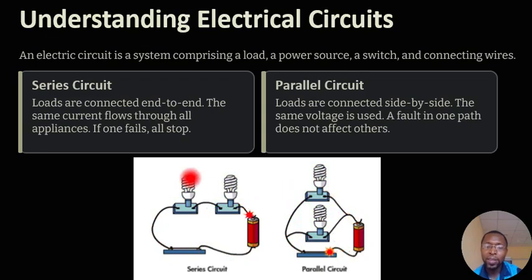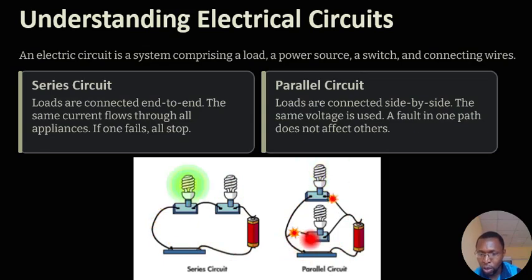Lastly, in series connection, you could see this red object moving represents the flow of current. Now, the same current flows through the first bulb and the second bulb, and it goes round. So it's the same current that goes through each of the loads for series connection. However, for parallel connection, when the current is being supplied by the power source, in this case the battery, when they get to this point, they split into two.